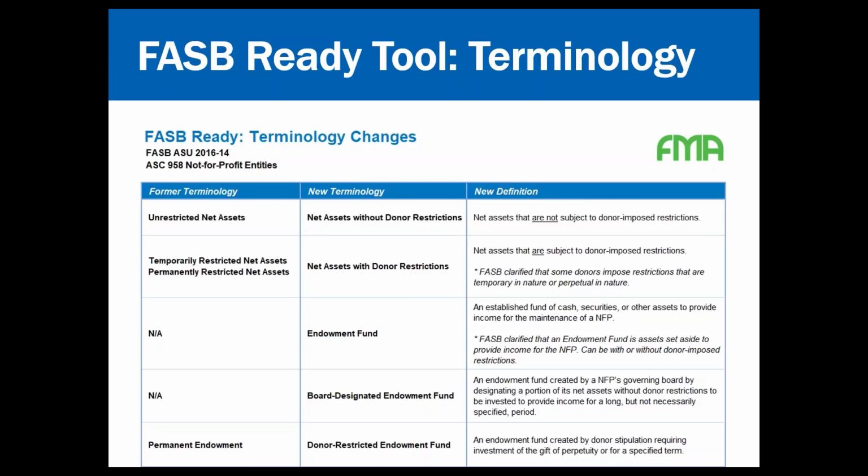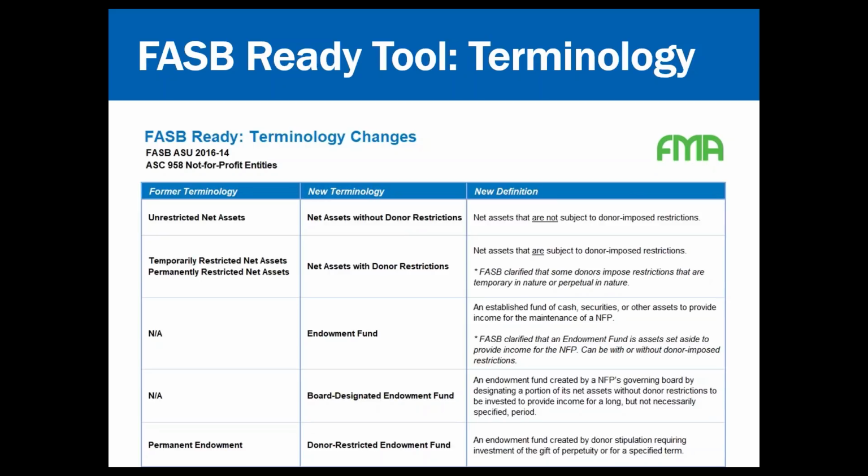So here in the second section of our tool you're going to find some of these updates to the glossary, okay, and new terminology. Now, interesting, we are describing here the new net asset categories, but if you notice, FASB has also defined differently and come up with some new terms around endowment funds.